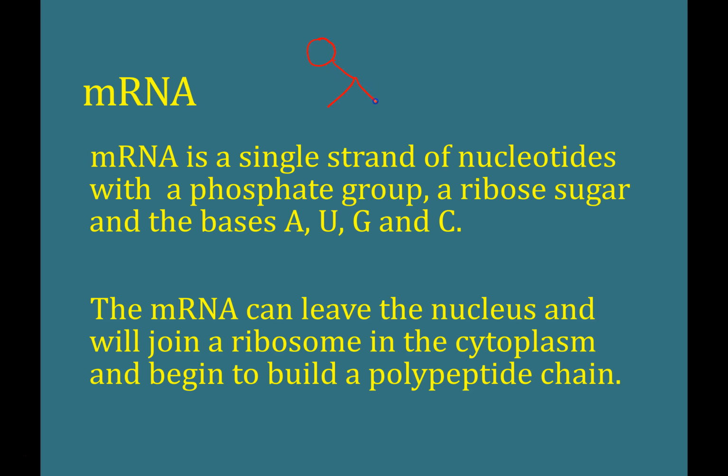It has a pentose sugar, but in this case it is a ribose sugar, where here you're going to have an OH group, and you're going to have your base. Your bases are A, U, G, and C. mRNA can leave the nucleus, as we said, and begin to form this polypeptide chain.